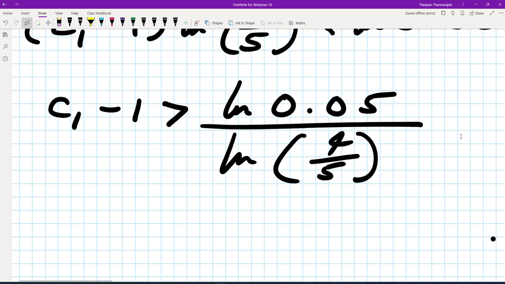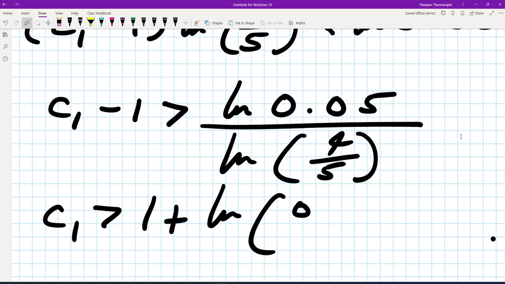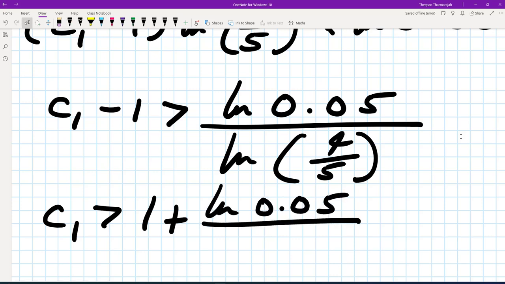Use our calculator, write the full value out. So I'm going to say it's 1 plus this: ln 0.05 over ln 4/5.